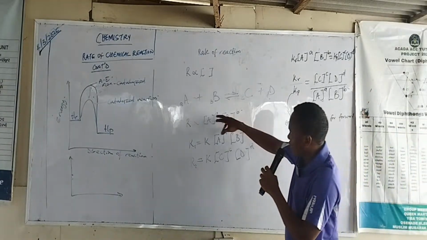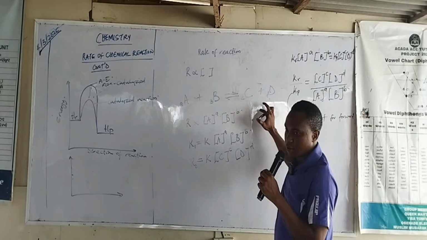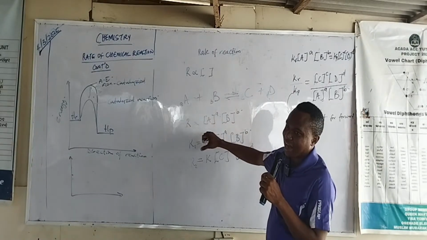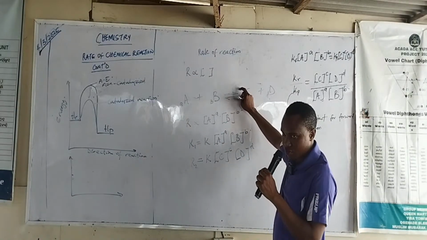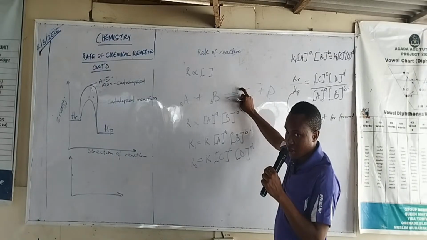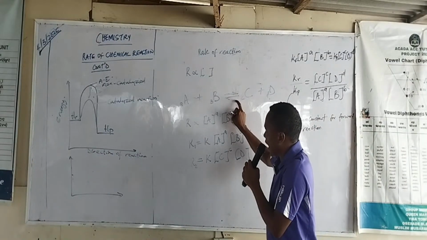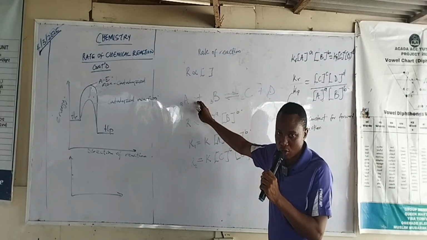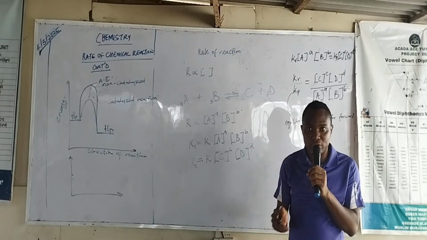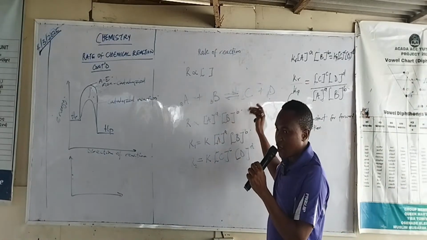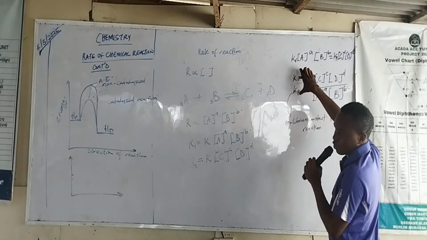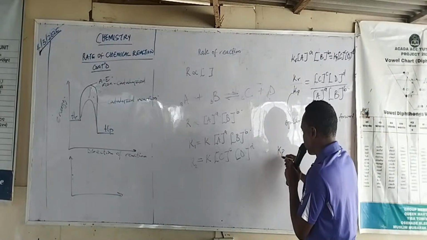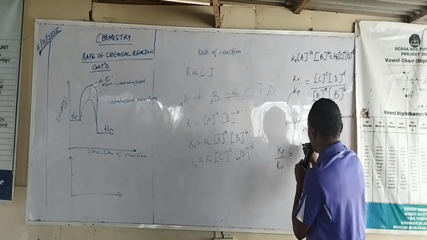Here we take this one as the reactant because it's written at the left hand side, and it is in order of this arrow. But immediately we look at this arrow coming back like this, these ones become reactant and this one becomes the product. So if you have picked a side, saying this is reactant and this is product, for forward reaction the equilibrium constant will look this way. But for backward reaction, the equilibrium constant will look this way: KP over KR.